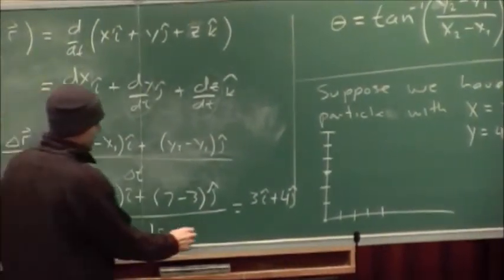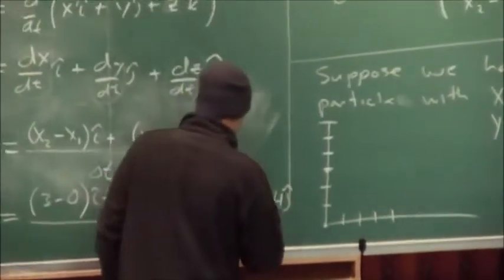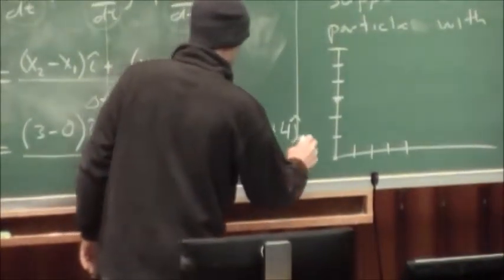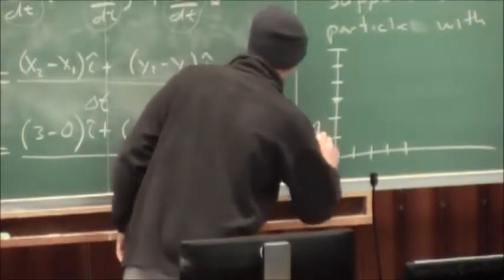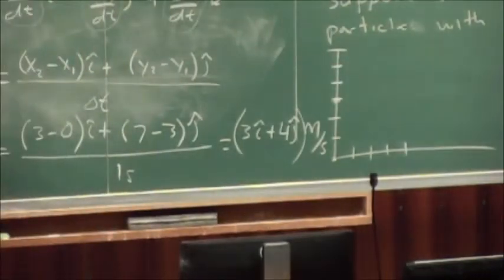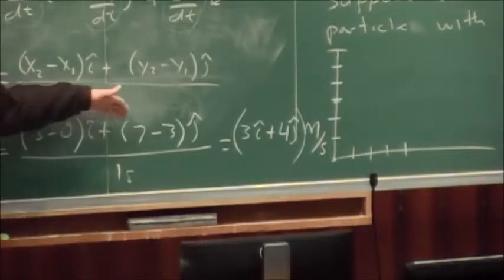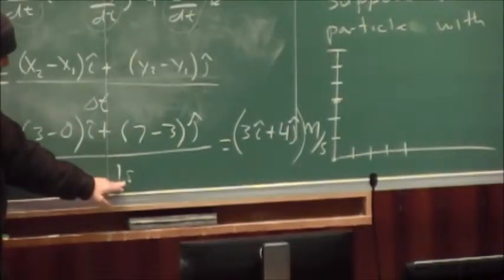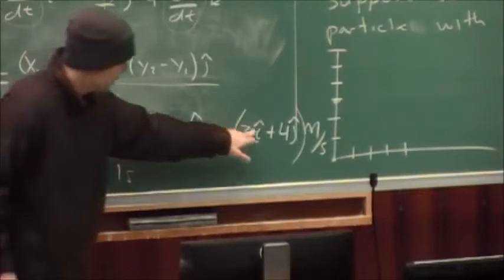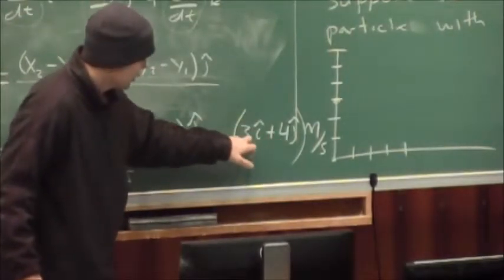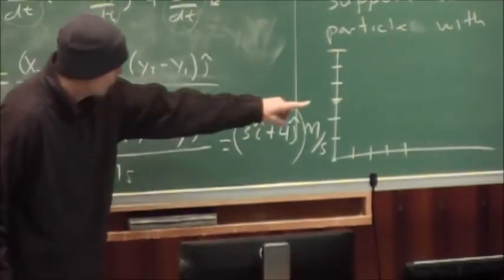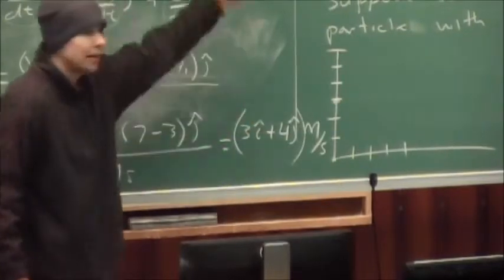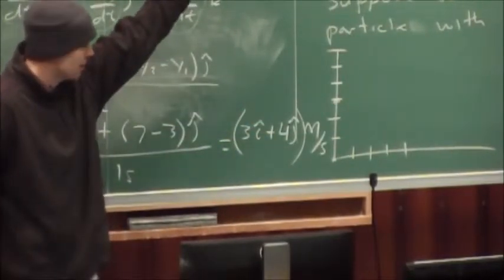And what this is literally saying is, I should put some units here. We'll just put meters per second. Okay. Because the top line are displacements which are in meters, and the bottom is in time. And so we get meters per second. So we get 3 meters per second along the x-axis and 4 meters per second along the y-axis.